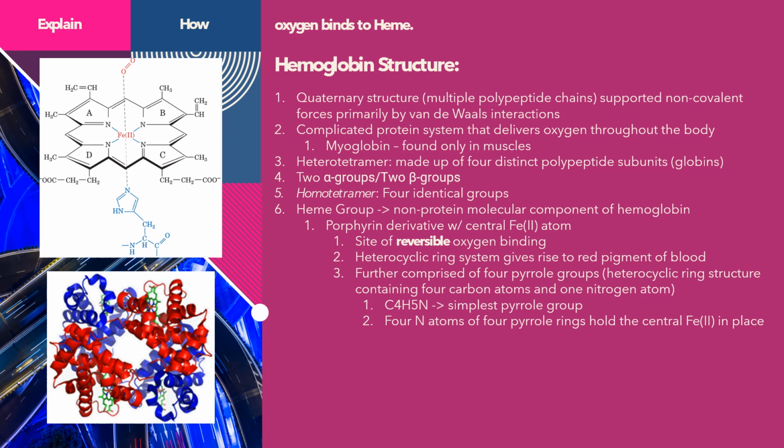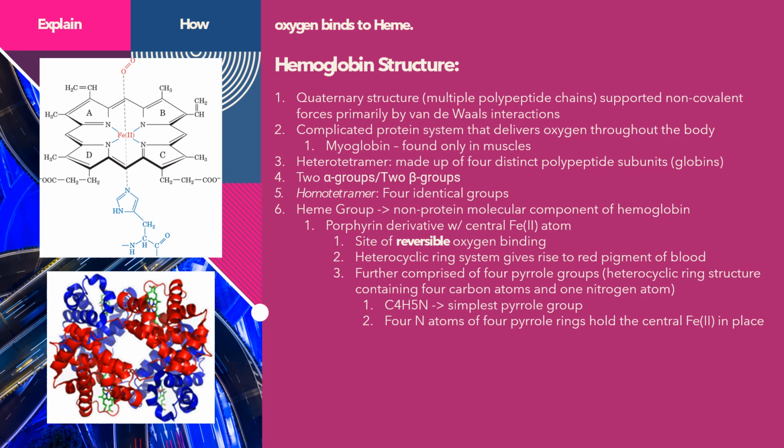And these porphyrin groups are further composed of pyrrole groups, which again harkens back to that informal rule of 4 I was talking about. There's 4 of those. They're heterocyclic ring structures containing 4 carbon atoms and 1 nitrogen atom. And those nitrogen atoms are the actual points that anchor that iron ion in place.